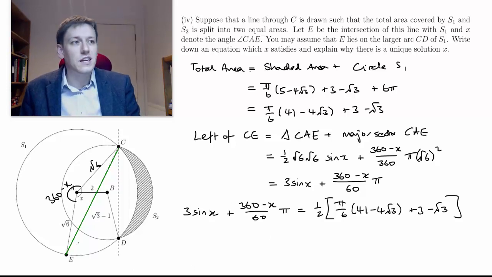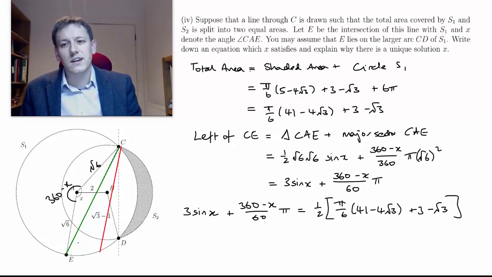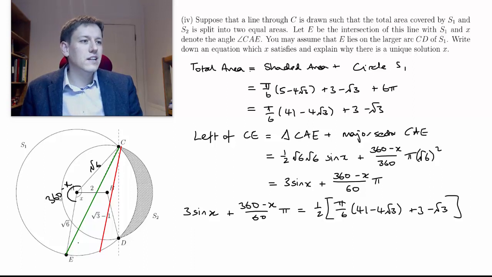So what we're going to do is think about the fact that if I take this green line, and let's say I made x smaller, so in fact, let's do it in a different color here. So let's say I put the x over here and it was smaller. You can see that the area to the left of the line is larger.